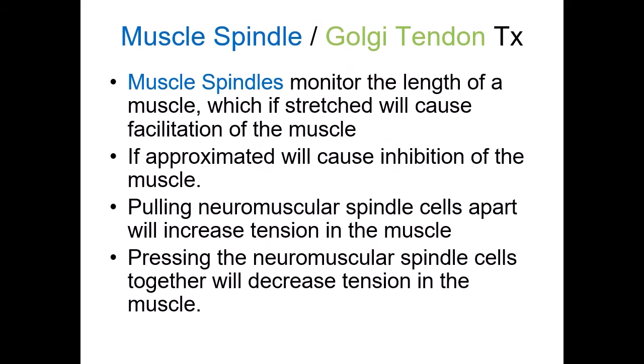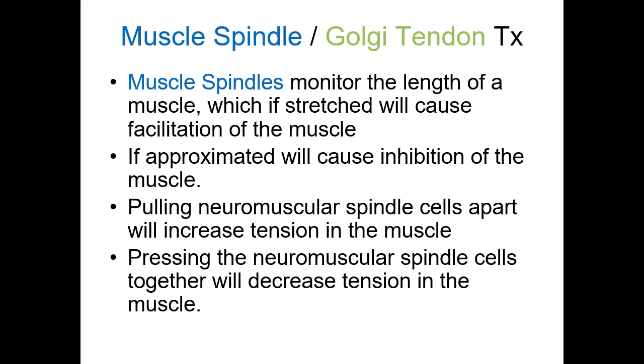Using this in a treatment method, we see that muscle spindles will monitor the length of a muscle, which, if stretched, will cause facilitation of that muscle. If the muscle spindles are approximated, it will cause inhibition of the muscle. We can mechanically affect this by pulling the neuromuscular spindle cells apart. This will increase the tension in the muscle, as the muscle will think that it's being stretched.